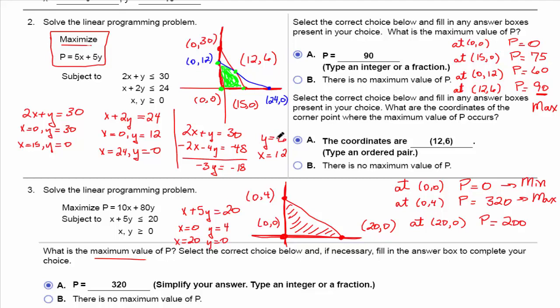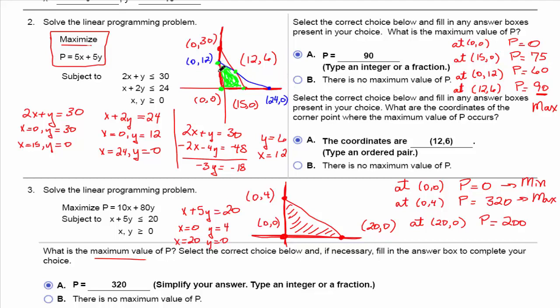And if y is 6, what does x have to be? Well, 30 minus 6 is 24. 2x is 24, so I get x is 12. So this corner place is 12, 6.